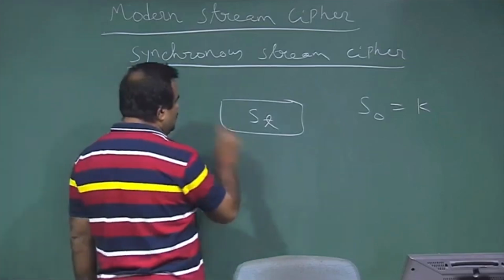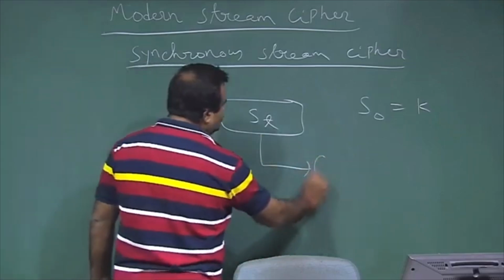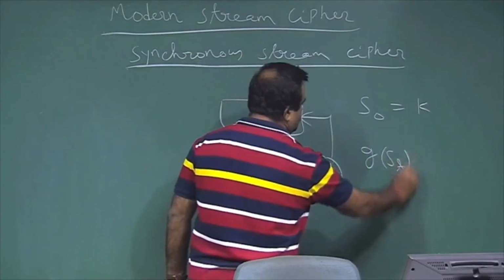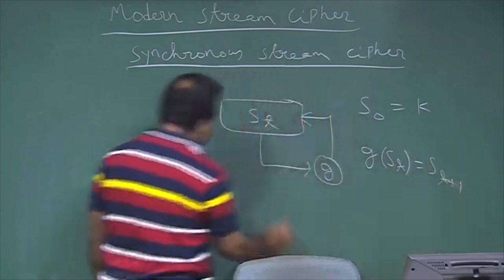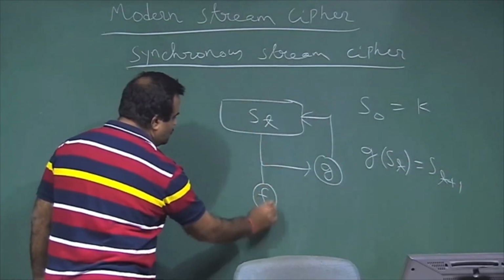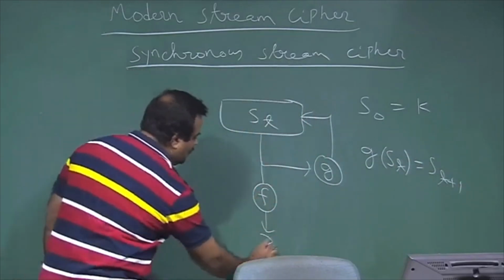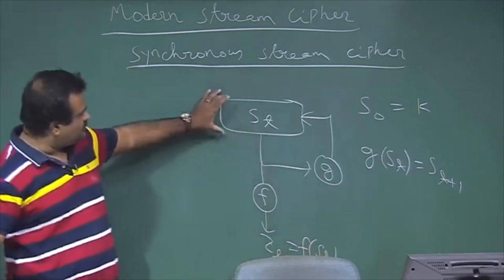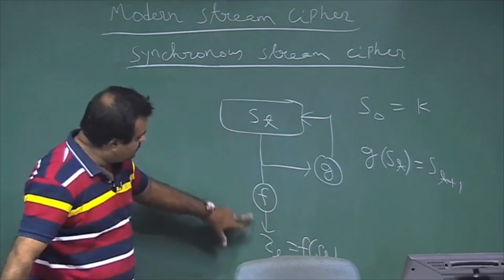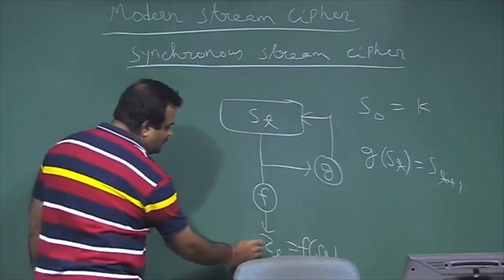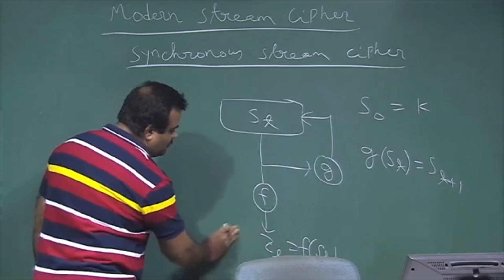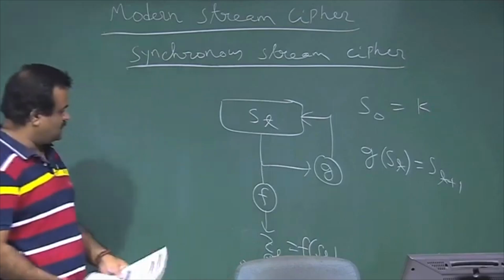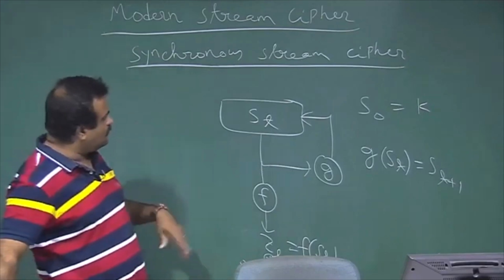Then we have a state update function, and there is a function S which takes the content of the state and gives us the key stream. This key stream is XORed with the plain text bit PT, and we get the CT, the ciphertext bit, within each clock.